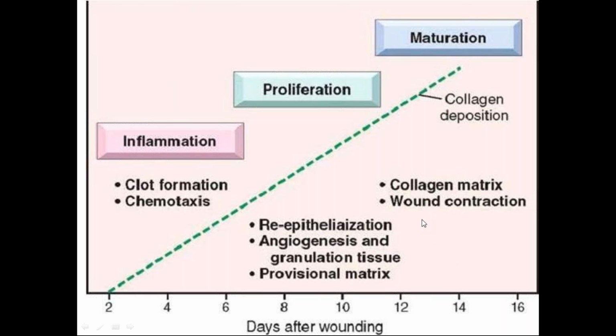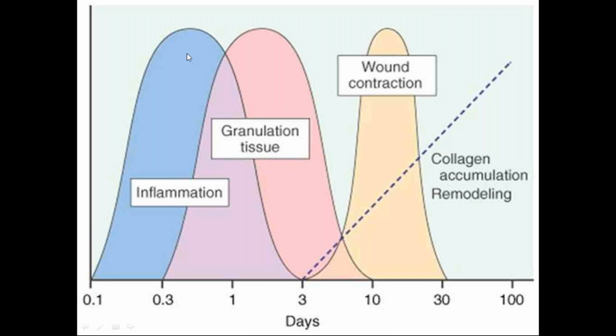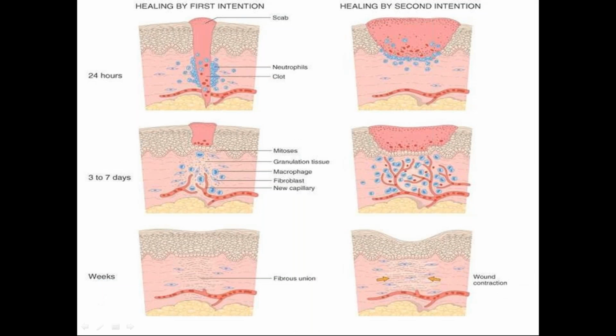Next, after 2 weeks, collagen matrix formation and wound contracture, and finally collagen deposition. These are the stages of inflammation, proliferation and maturation. So first inflammation, next 3 to 10 days granulation, next in the second week wound contracture. Collagen accumulation and remodeling starts after 3 days.